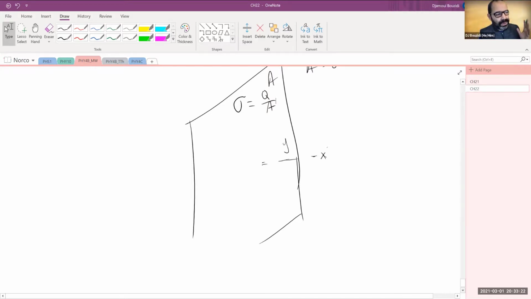So the distance y matters now. Expected, no? If you are close to the charge, you expect the effect to be strong. If you are far away from it, you expect the effect to be basically almost nothing.